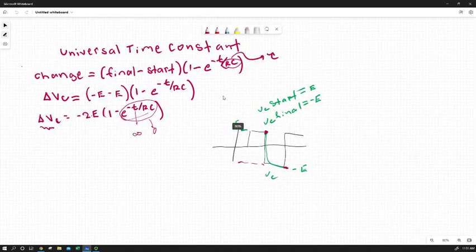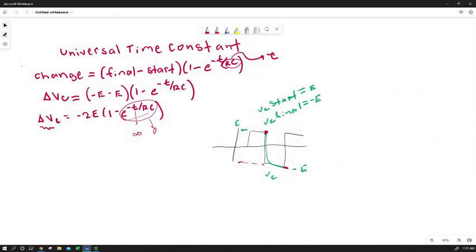Okay. So our change, remember we're talking about a change in the voltage drop, from whatever our initial value was. Our initial value was E, so the change is negative 2E. So we can use this universal time constant expression the same way we would use the other one, but we have to remember what our starting value was.